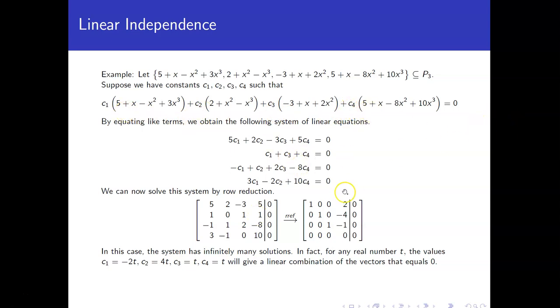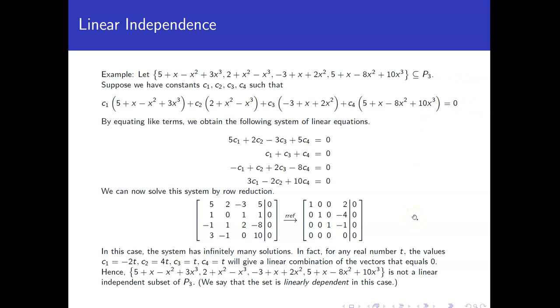You can check that. That means we can use non-zero scalars, at least one non-zero scalar, to give us a linear combination that gives us the 0 vector, which is just the 0 polynomial in P3. That means the set is not linearly independent, or in other words, we would say it's linearly dependent.